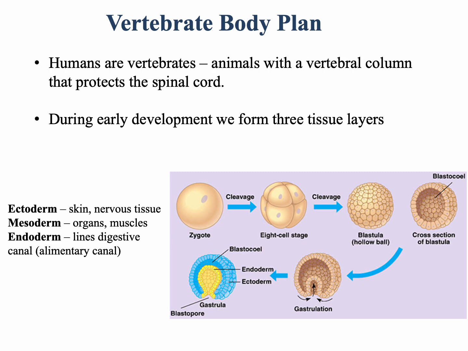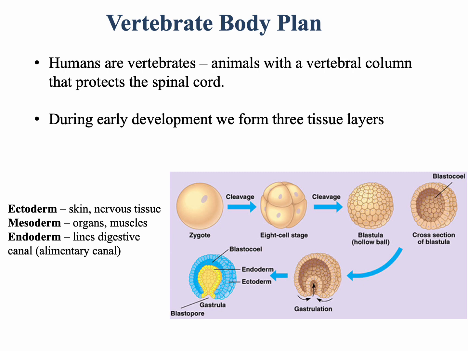The 3 distinct layers of that gastrula are the ectoderm, which is the outer layer. The ectoderm gives rise to the outer covering of our bodies, like our skin, and sometimes some parts of the nervous system as well.